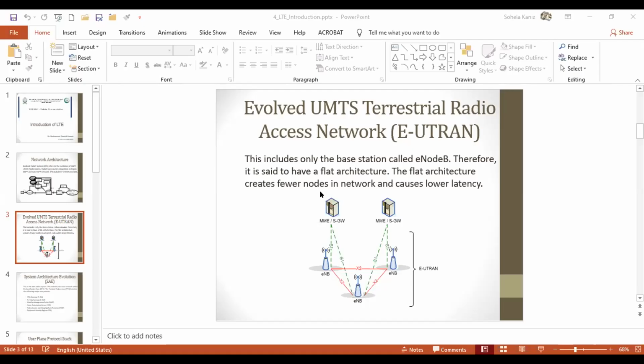Now, these parts are referred to as the radio network. Let me write down here in the chat box that in all cellular communication networks there are two parts. One is called the radio access network, or RAN.